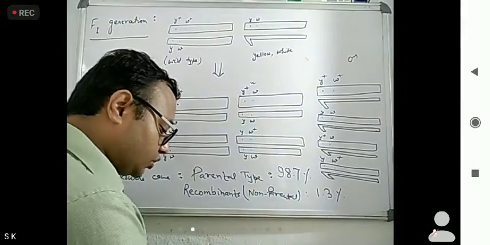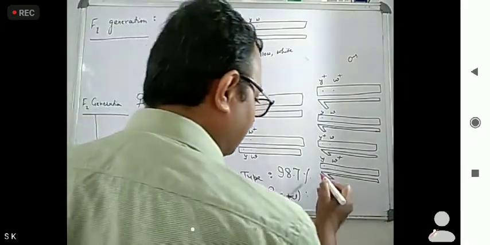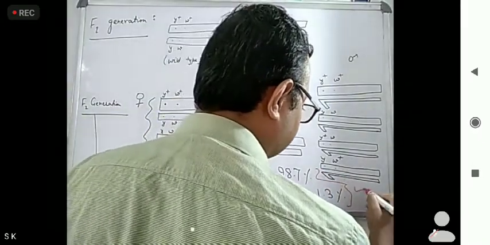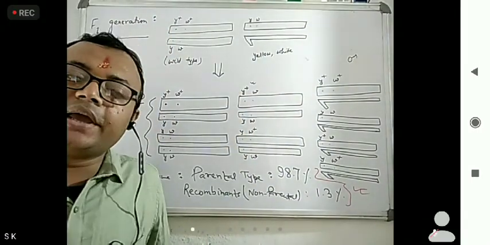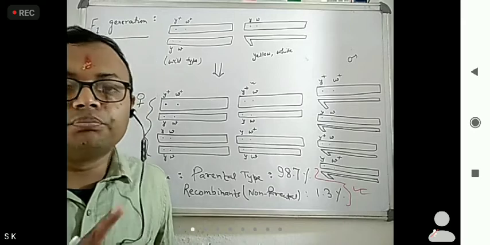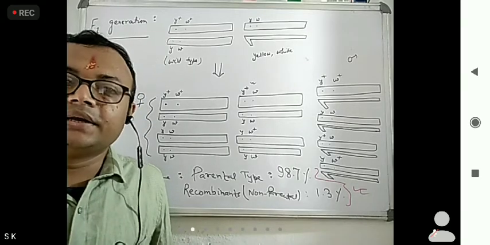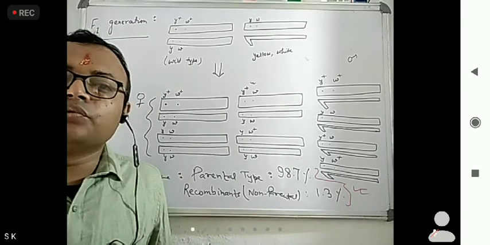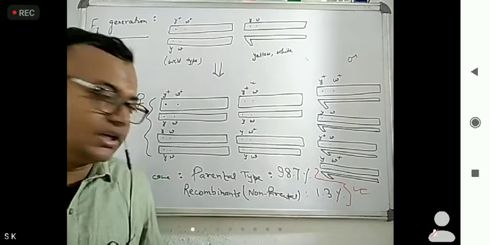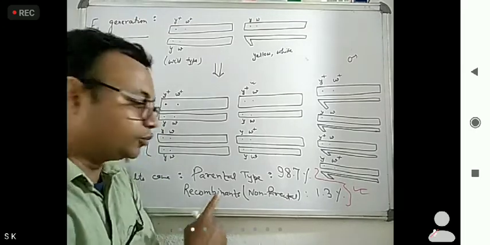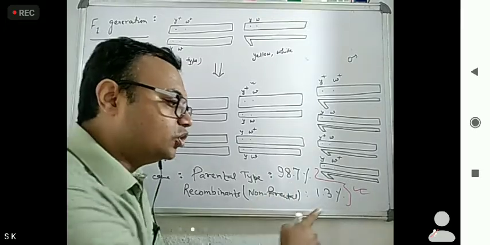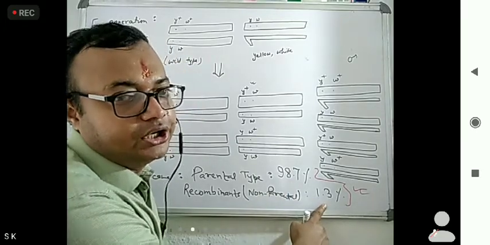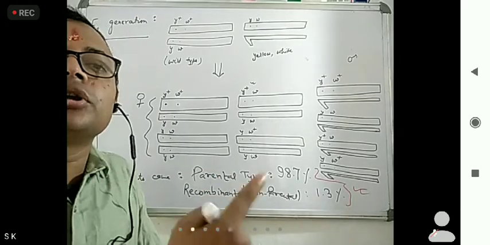You have to remember these combinations; this is very important for your exam. In cross A, what were the characters? Body color and eye color, conducted by Morgan. What were the parental combination result and the recombinants result? Parental was 98.7 and recombinants was 1.3%. Now come to cross B.